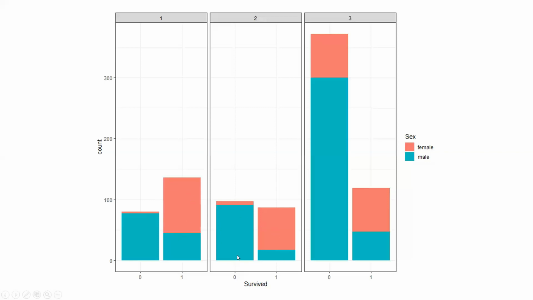Now, second class, again, those who died, more men died, fewer females died. And those who survived, more females survived. And in class 3, again, more men died, fewer females died. More females survived in this class too.